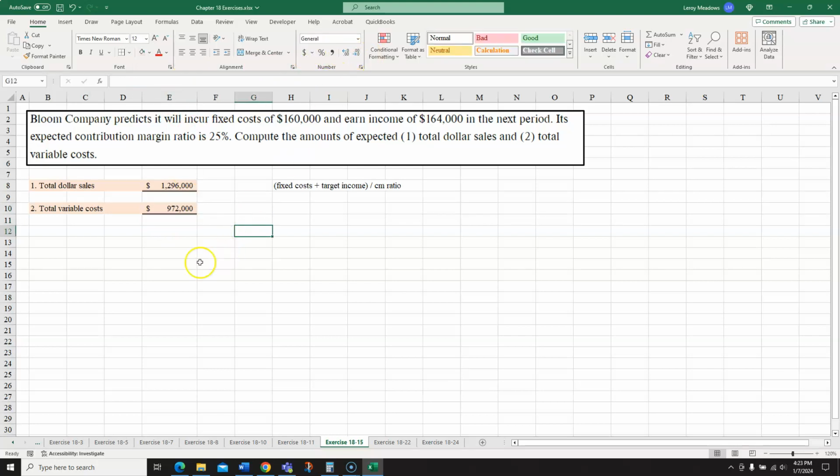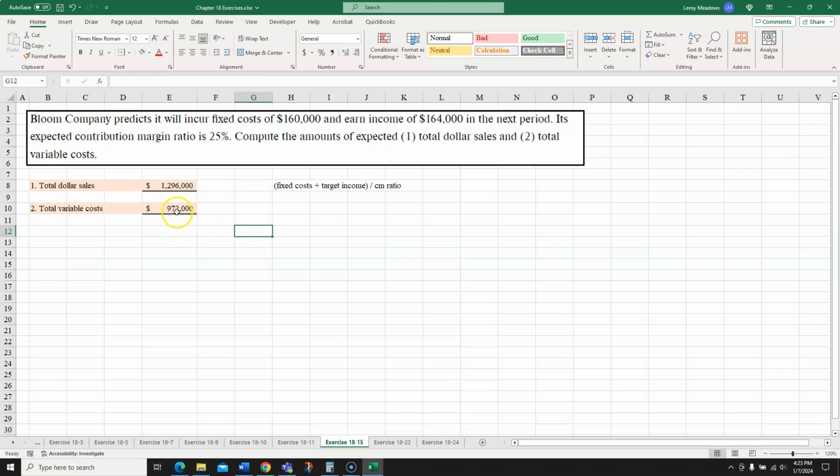And this is the easiest way, because you remember, out of the total dollar sales, it's either going to be total variable costs or total contribution margin, one of the two. So if my contribution margin is 25%, that means my variable costs have to be 75% of sales.